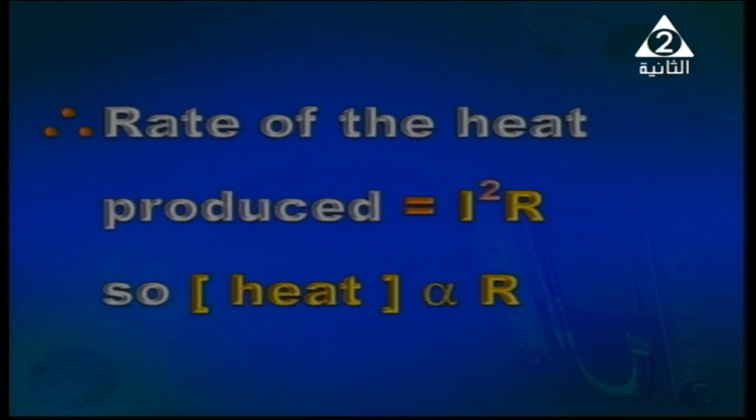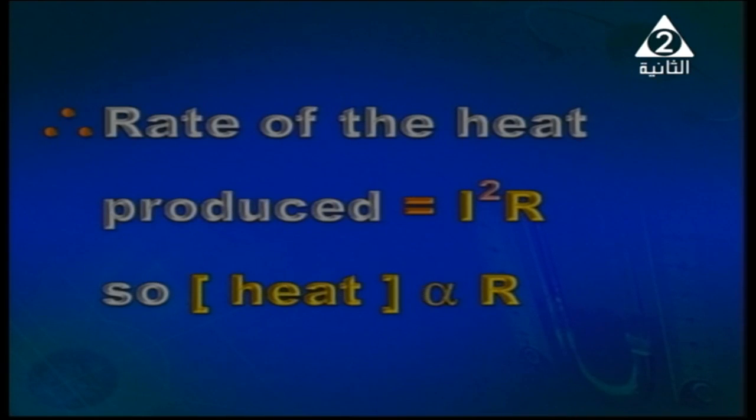When they are connected in series, which wire would give the greatest amount of heat? This is very important. It asks about the power. The rate of heat produced is given by the expression I squared R. And when we are connecting the resistors in series, the current is the same.